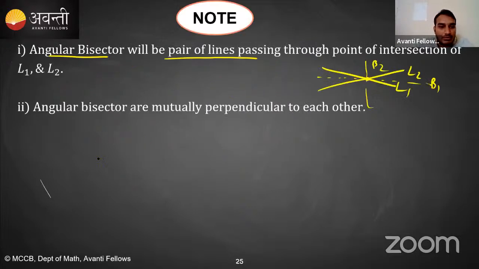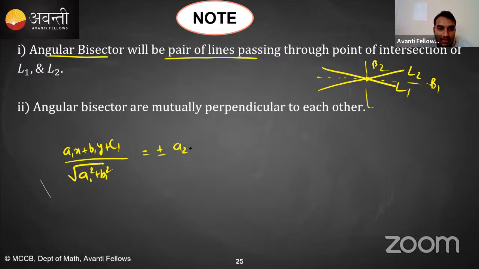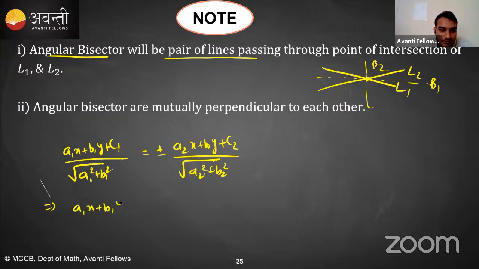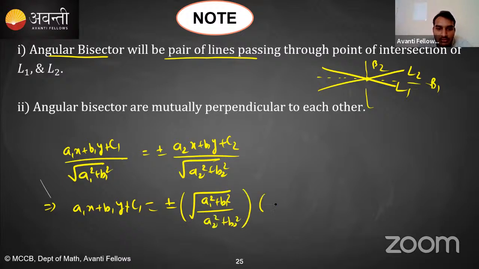So the first point, see what I'm saying here, concentrate. What was it? (a1x plus b1y plus c1) upon under root of a1 square plus b1 square is equal to plus minus (a2x plus b2y plus c2) upon under root of a2 square plus b2 square. From here what you will get is a1x plus b1y plus c1 is equal to plus minus under root of a1 square plus b1 square upon a2 square plus b2 square into (a2x plus b2y plus c2).